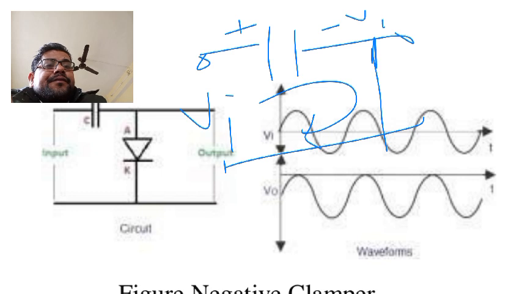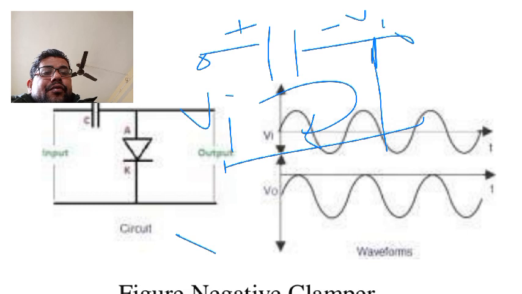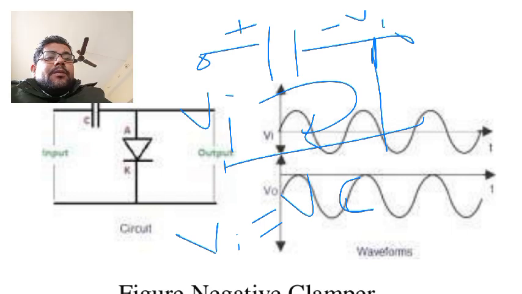How can we calculate the output? Vi equals Vc, the voltage across the capacitor during the positive cycle.